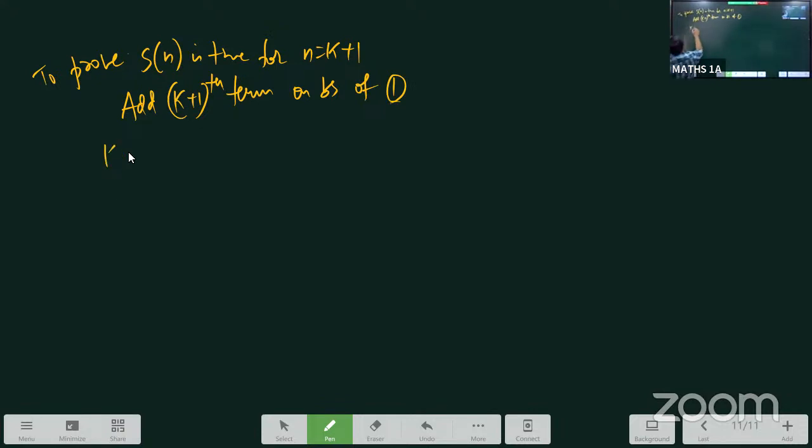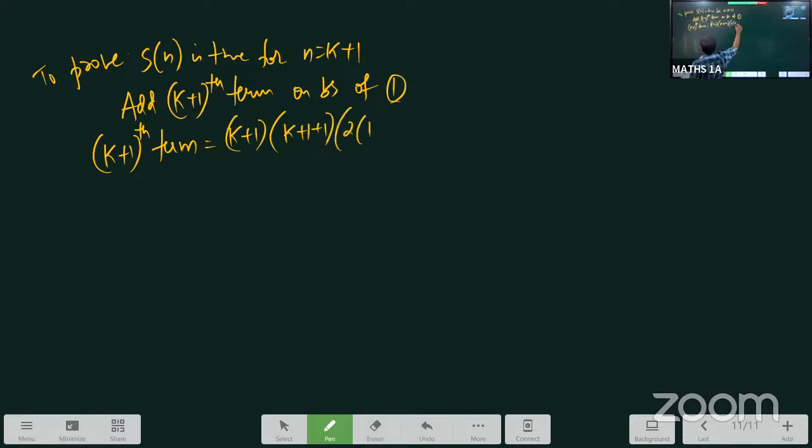Is it clear? So what is your k plus 1th term? Instead of n, in your nth term, you put k plus 1. That is k plus 1 and k plus 1 plus 1, 2 into k plus 1 by 6.